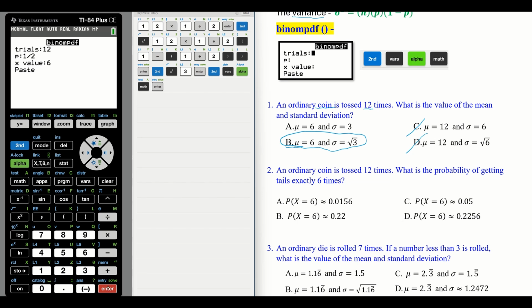Okay, so we can enter. We have a half. There are 6 future times that we're predicting. So X is your prediction, and it has to be an exact number. It can't say more than or less than or anything different. And our probability is consistent. So enter, enter.